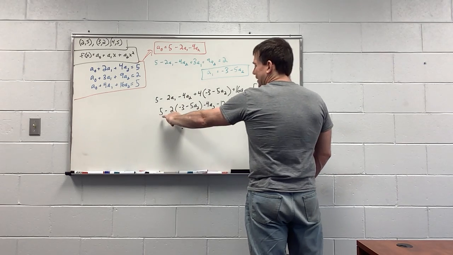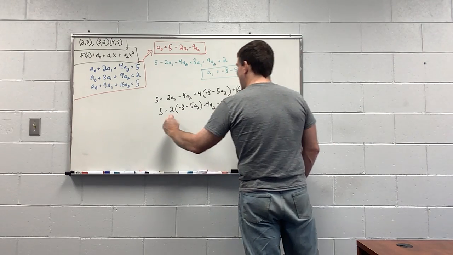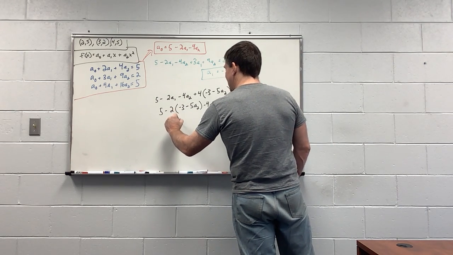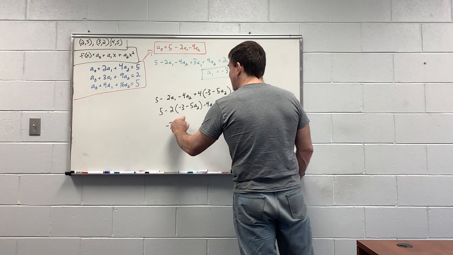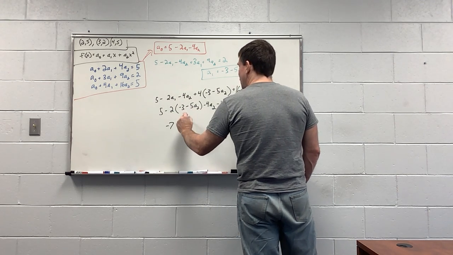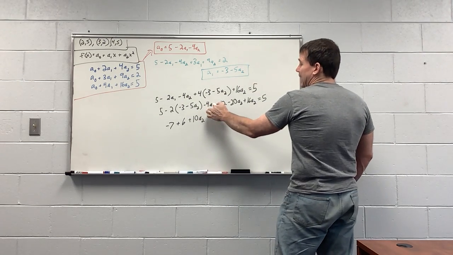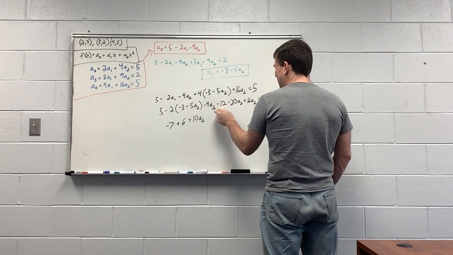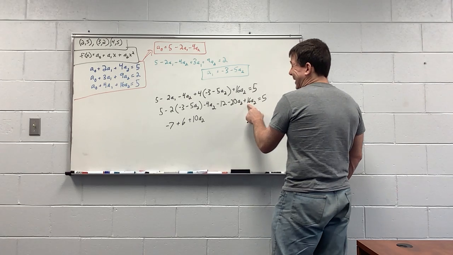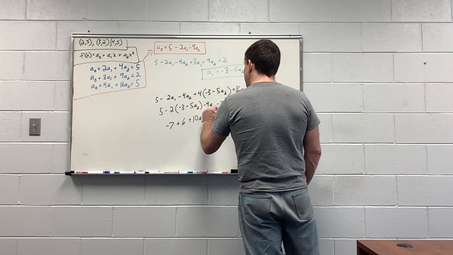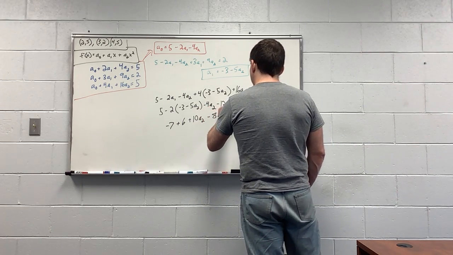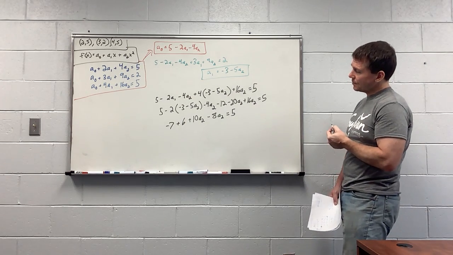I guess I can combine a little. 5 minus 12 is negative 7. Negative 2 times negative 3 is positive 6. Negative 2 times negative 5 is positive 10a sub 2. Negative 4a sub 2, negative 20, that's negative 24 plus 16, which is negative 8a sub 2, equals 5.